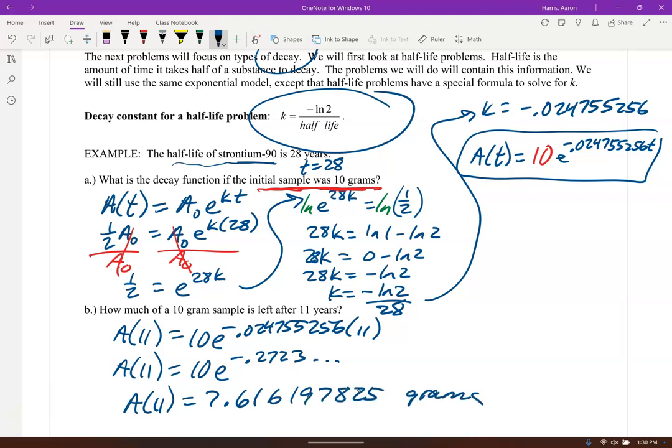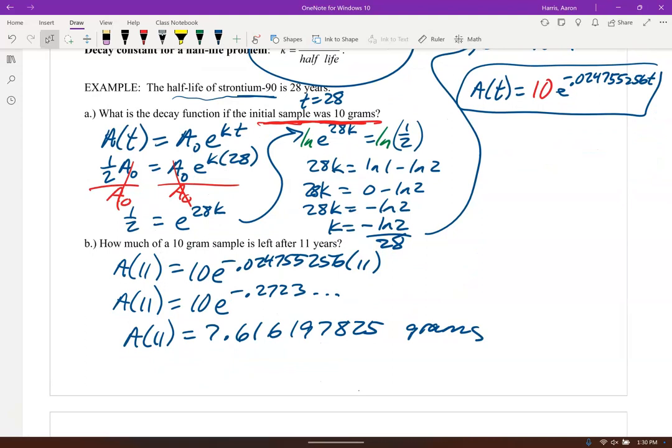So approximately 7.6 grams or 7.62 or whatever, right? With no rounding error there.